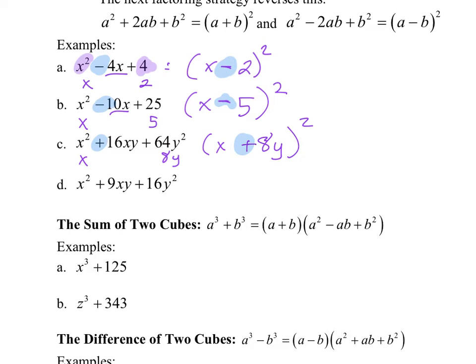So I get a plus. For D, I have x and I have 4y. Uh-oh. 4 times 2 is 8, not 9. So this one would not factor as a perfect square.